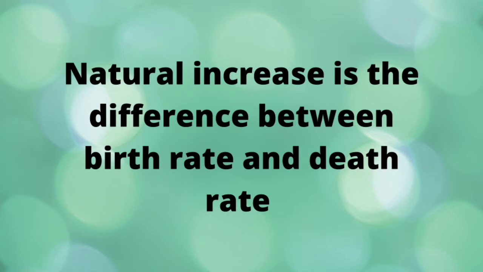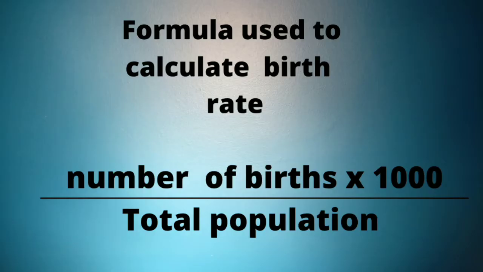Now, there are actually mathematical formulas that can be used to calculate birth rate, death rate, and natural increase. So I'm going to go ahead and give you these formulas, because we might be doing some maths later on in the class. The formula for birth rate is number of births times 1,000, right?